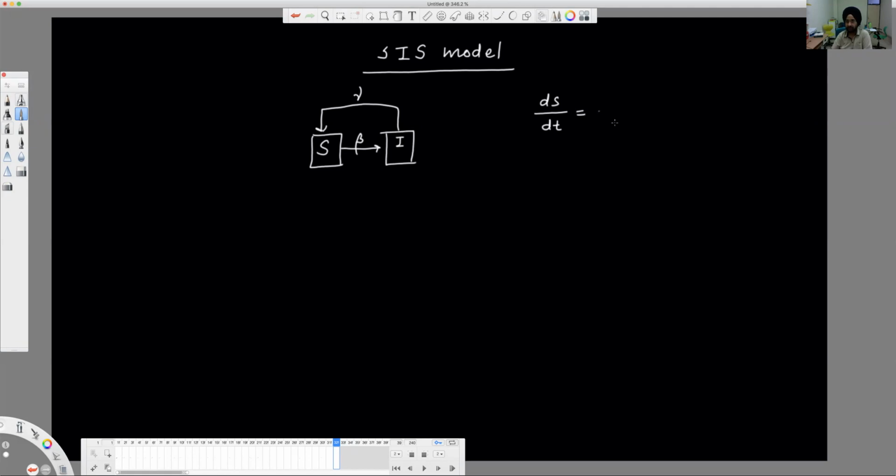This will decrease, of course, by beta S X. And since it is also accumulating, the infected individuals are now becoming susceptible, so we add gamma X, right? Plus gamma X. And likewise, we will have dX/dt, which is beta S X, and then minus gamma X, right?